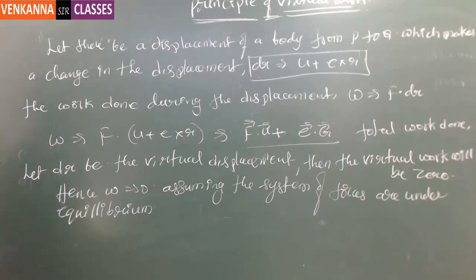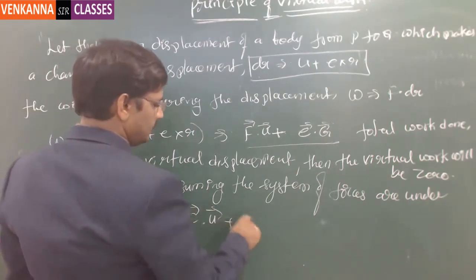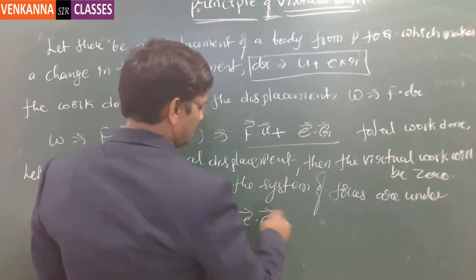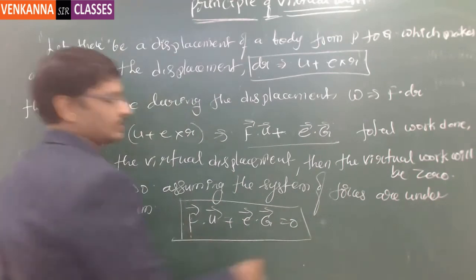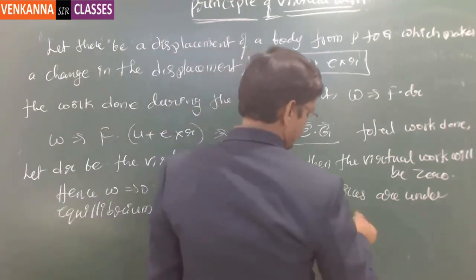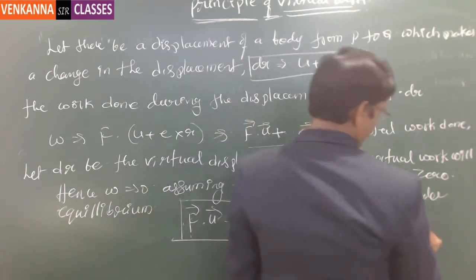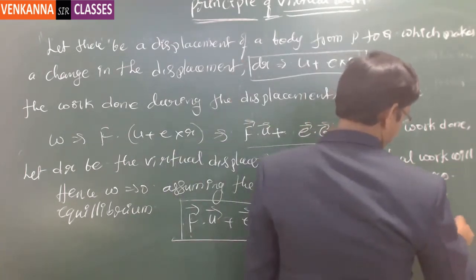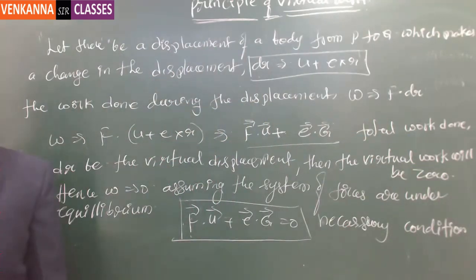Right? So then F dot U plus E dot G equals 0. This is the principle of virtual work, and this is the necessary condition.